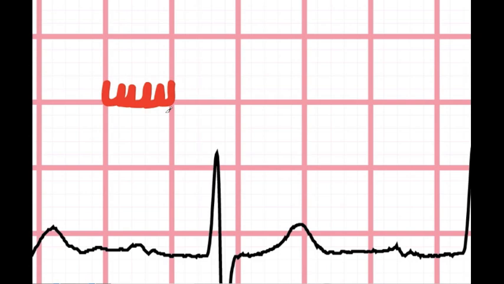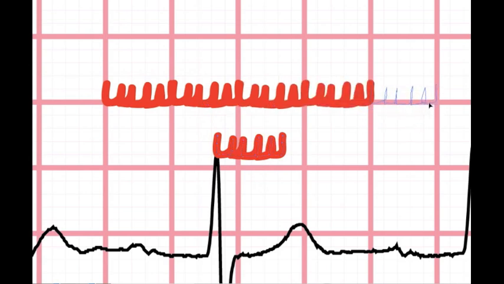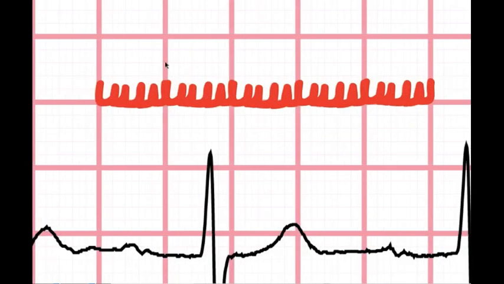So that's 5 millimeters. And let's put a couple more of these in to get a second's worth. So this is 1, 2, 3, 4, 5. This whole thing is worth 1 second of time here.